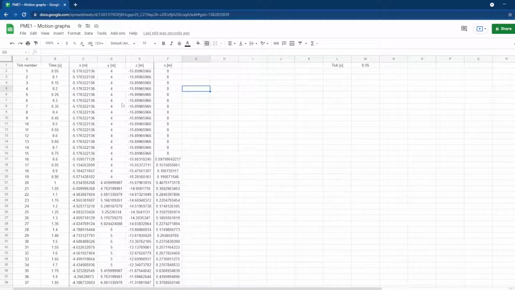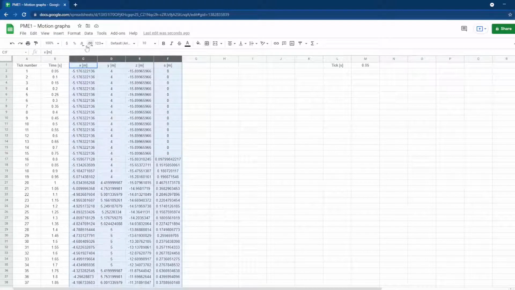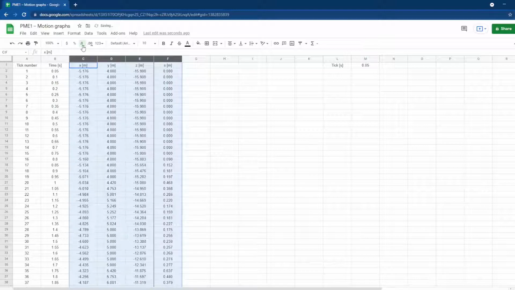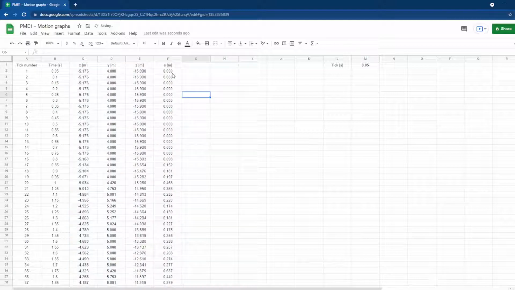I also don't want as many decimal places, so let's get rid of those. I guess 3 decimal places will be enough, and I want my zeros to be exactly zeros. A little correction, this is of course delta s. The difference of the positions is the distance we have traveled.